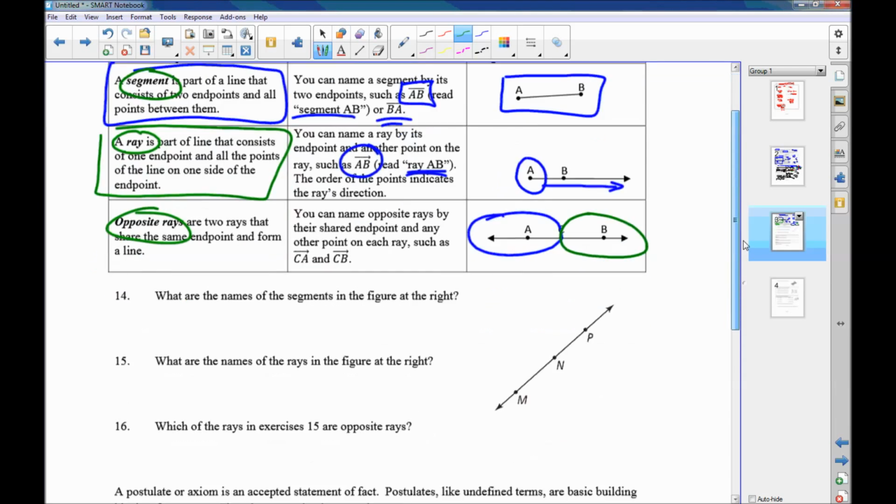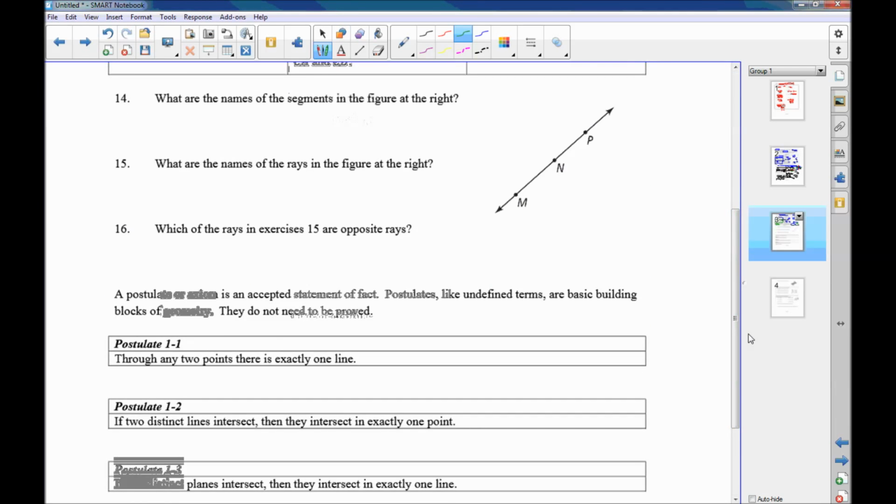Okay. All right, so what is the name of the segments in the figure at the right? So all the segments here. So we have segment MN, that's one. We have segment NP, that's another. And we have segment, let's see, MP.